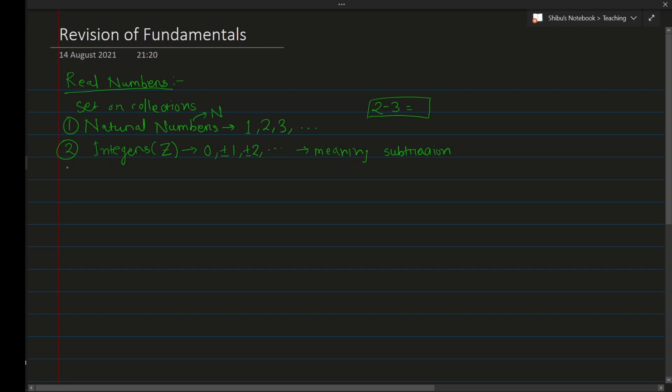Now there is another class, or set, of numbers which are called rational numbers. And these are made by the division, or quotient, of two numbers p and q, which belong to this integer set. Both p and q belong to the integer set, right?